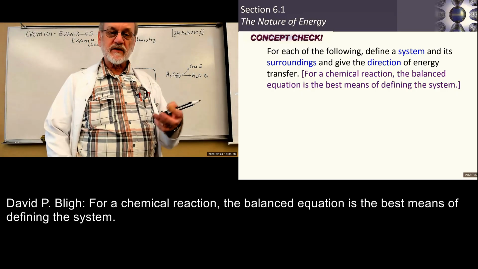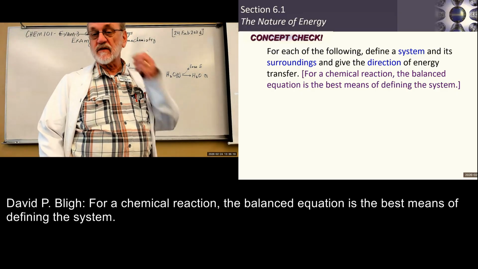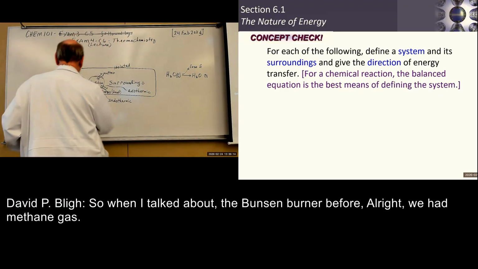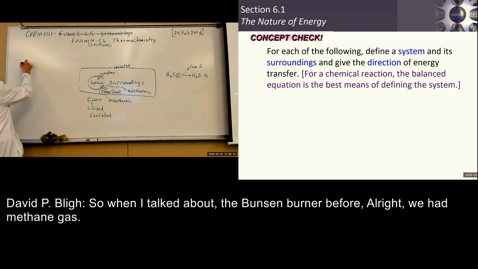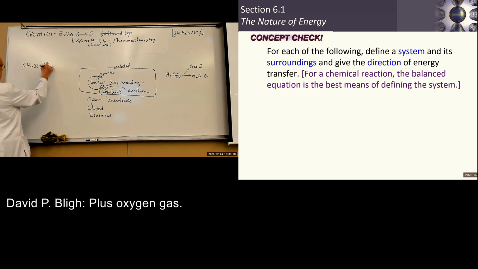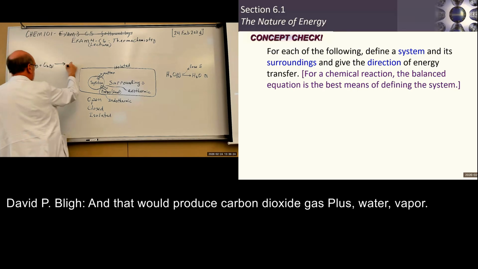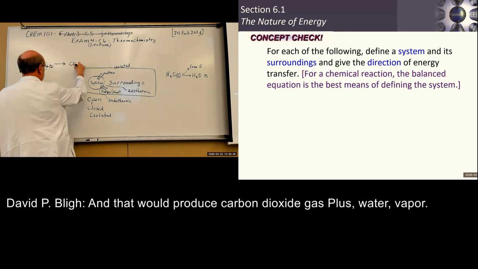For a chemical reaction, the balanced equation is the best means of defining the system. So when I talked about the Bunsen burner before, we had methane gas plus oxygen gas, and that would produce carbon dioxide gas plus water vapor.